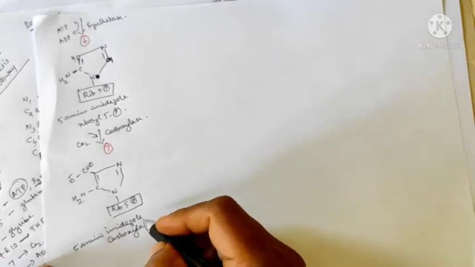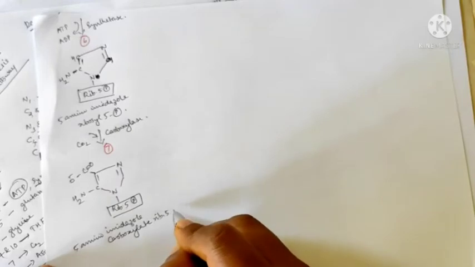So that is 5-amino imidazole carboxylate ribosyl 5-phosphate. That is the seventh step.